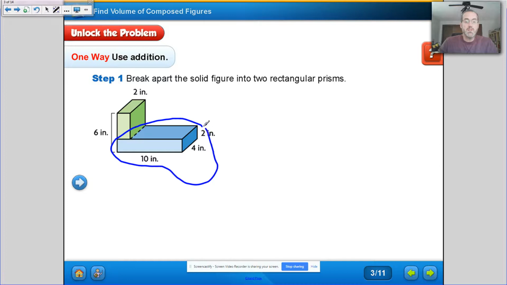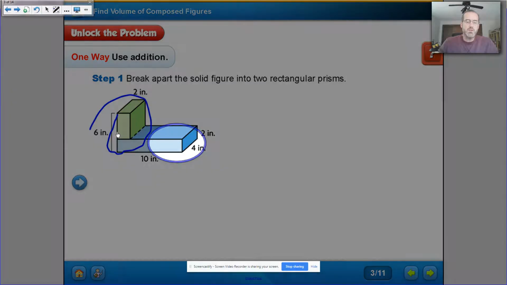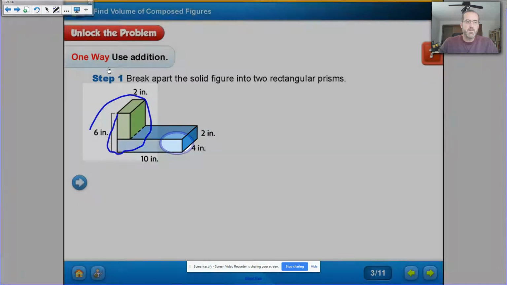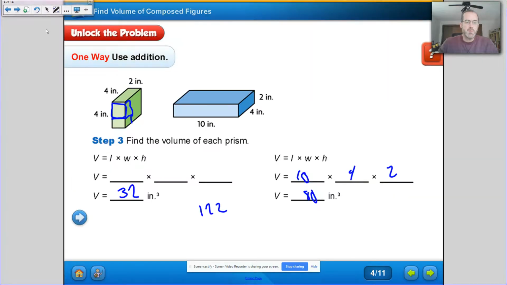Now, some of you might say, wait a minute, I see it differently. I see this is a rectangular prism here, and then this is a rectangular prism here. That's fine as long as you're using the measurements that are commensurate to that.